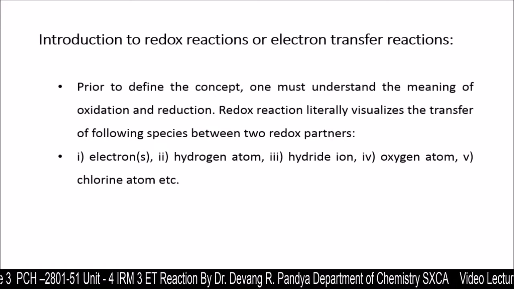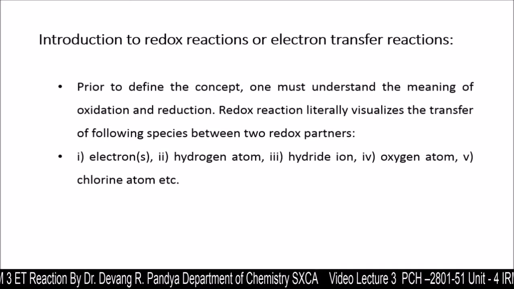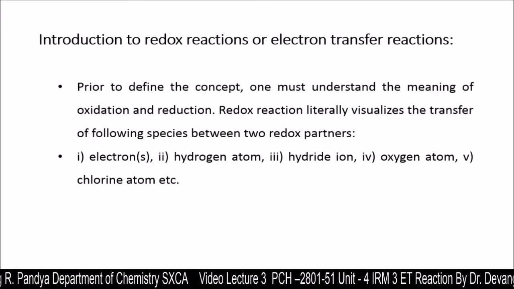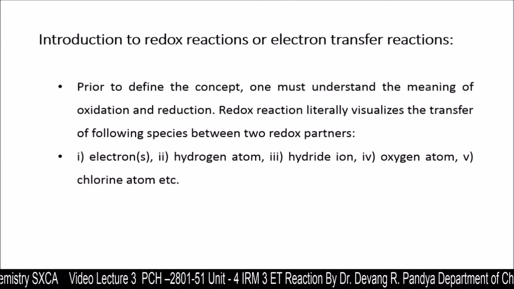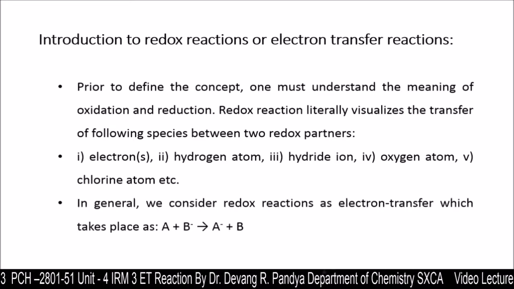First point, the electron or electrons may be transferred; a hydrogen atom or hydride ion would be there, an oxygen atom would be there which is electron-rich, a chlorine atom would be there which is electron-rich. So these are certain other points which you may include in the redox reactions.